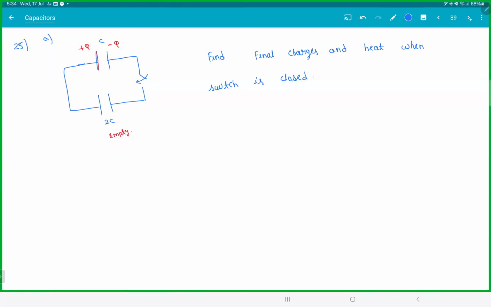Let's get this. In this case, there's no battery.